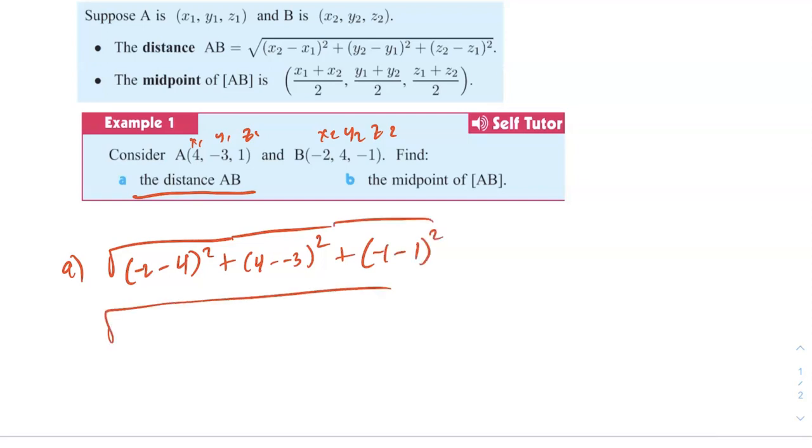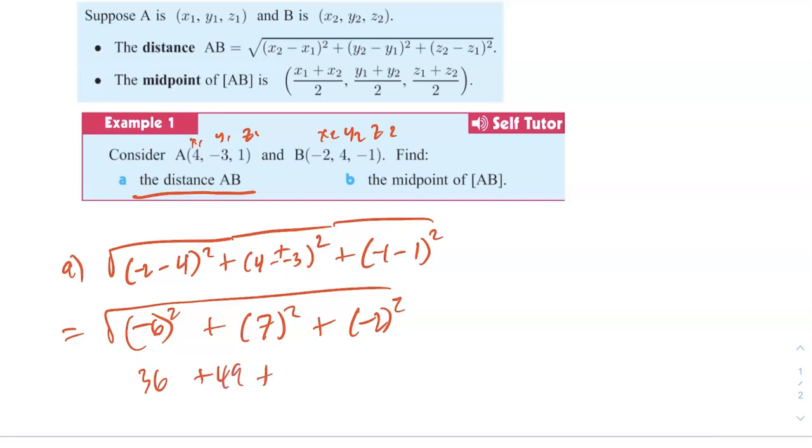So we're going to get -6 squared plus double negative 7 squared plus -2 squared. So 36 plus 49 plus 4 should get me, what, 40 plus 4, so 8 radical 89. So that's the distance between these 2 points in 3D space.